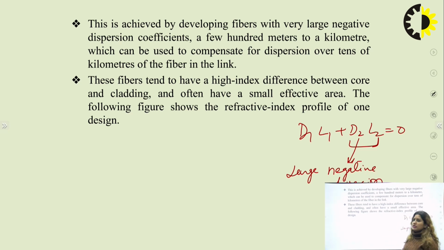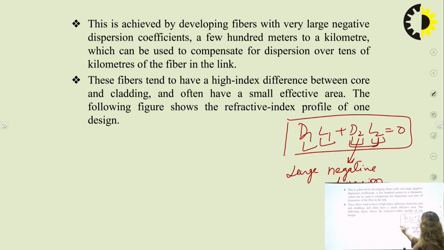We can consider the large negative dispersion as D2, and this can be used for compensating your single mode fiber dispersion. So with some length of fiber with very large negative dispersion, and the length of the fiber similar to the earlier length, we can easily obtain zero dispersion in that system with this equation.